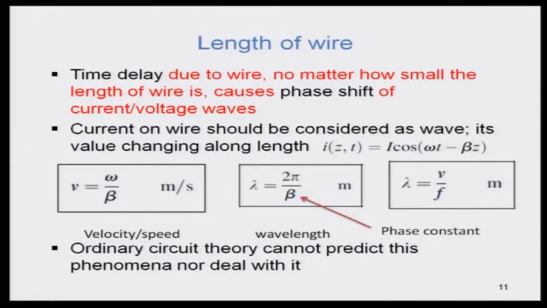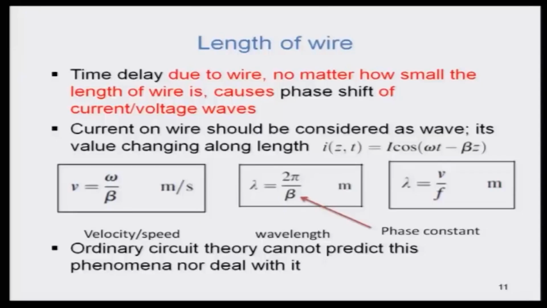The takeaway from the previous slide is that there is a certain time delay whenever you have a wire connecting two circuit elements, and this delay can be ignored in the circuit regime for various reasons. We will talk about all these reasons at a later time, but this delay is not predicted by circuits, whereas electromagnetic theory will incorporate this delay.